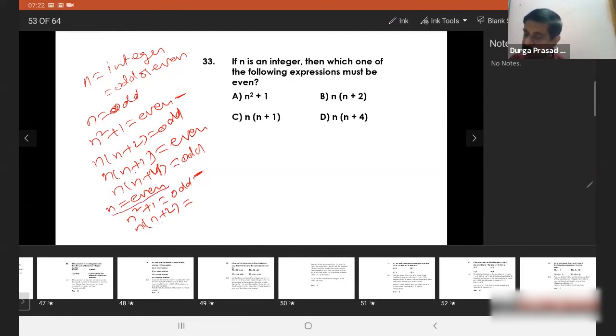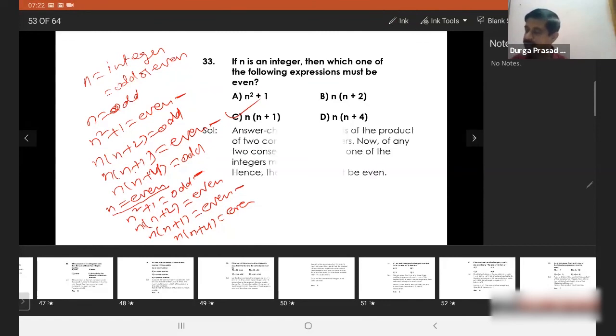Even into any number is even. Next, N into N plus 1. Even into any number is even. Next, N into N plus 4. Even into any number is even. You see, in both the cases, even is there only for N into N plus 1. So the answer is C. Okay, please note it quick.